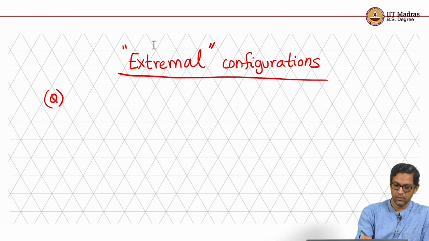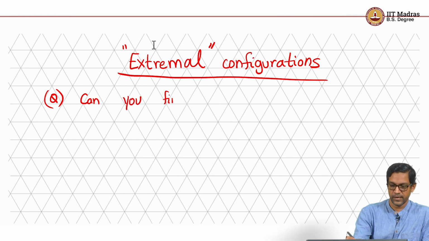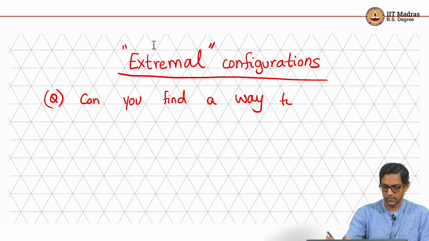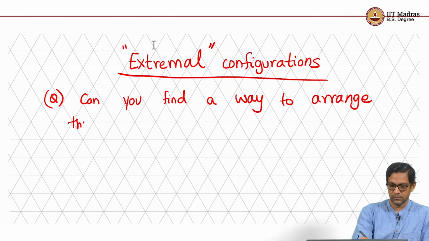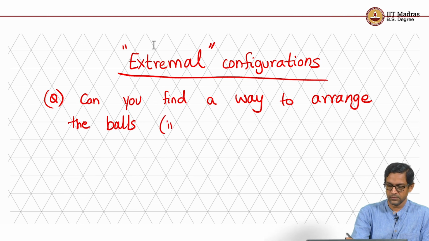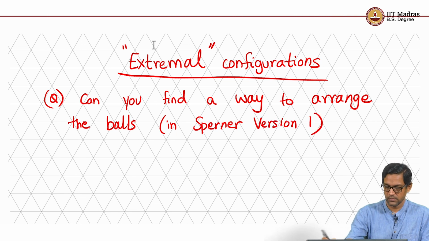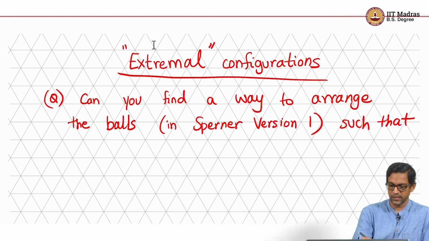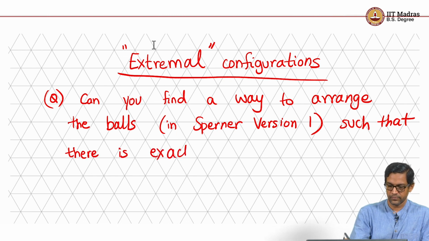Okay. Now the question is, can you arrange the balls in such a way that there is exactly one multicolor triangle? So can you find a way to arrange the balls of 3 colors, I am talking about Sperner version 1, such that there is exactly one.